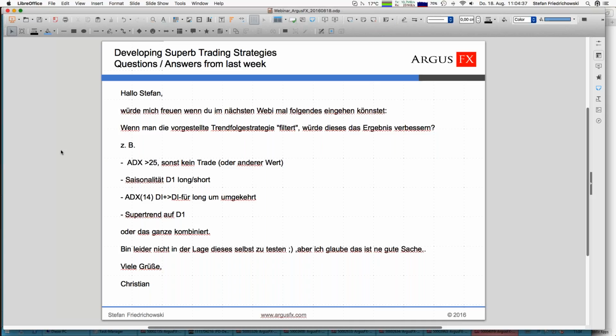And now the idea of the person who sent me the email, somebody called Christian, was: can we filter this trend following strategy a little bit more by certain additional indicators? He mentioned a few: the ADX with certain values, just to enter trades, yes or no, or seasonality, which we can derive from the past.